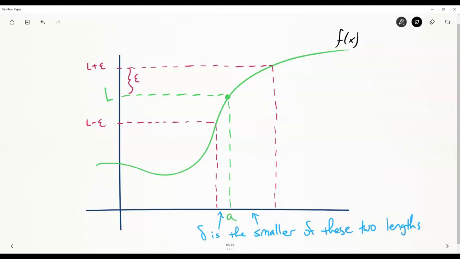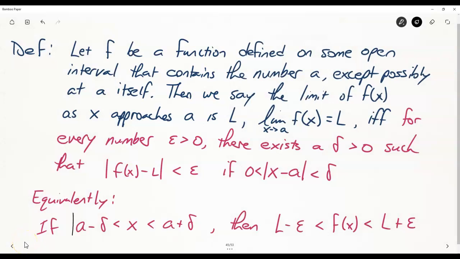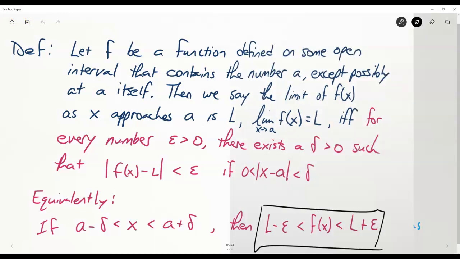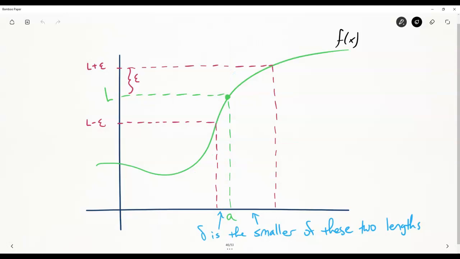So when I say this, right here, whoops, not that, this. What we're really saying is that as soon as that value of epsilon gets chosen, this is going to establish an upper boundary and a lower boundary.